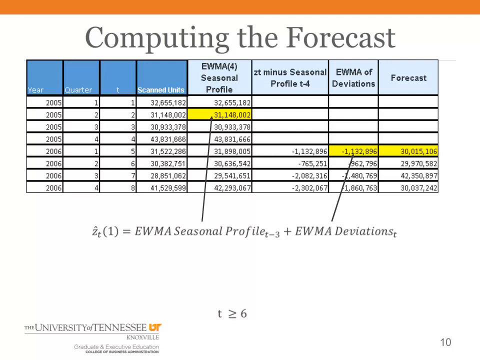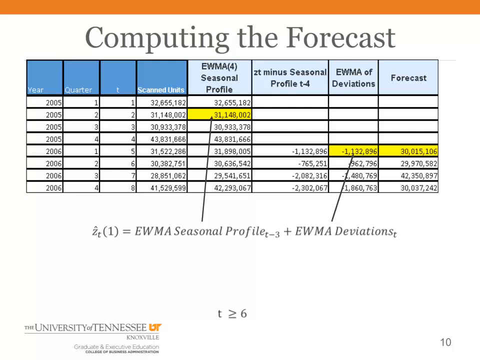I start with the seasonal profile of second quarter 2005. Then I adjust it by adding the exponentially weighted moving average of the deviations in the current quarter, which is first quarter 2006.